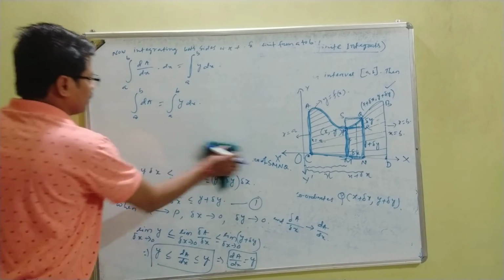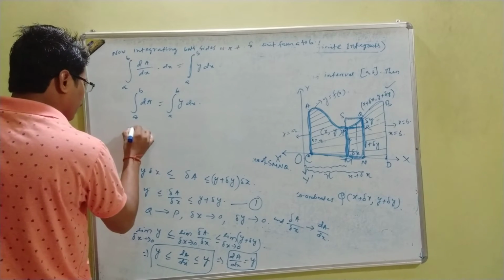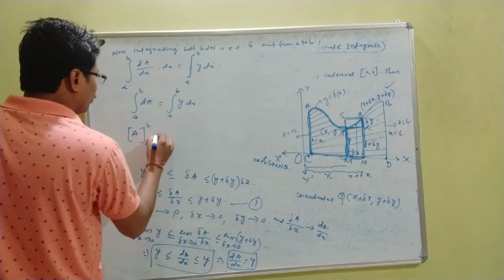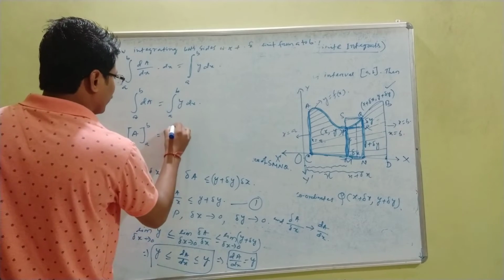Then this can be written as A for area, from A to B, equal to the integration from A to B of y dx.